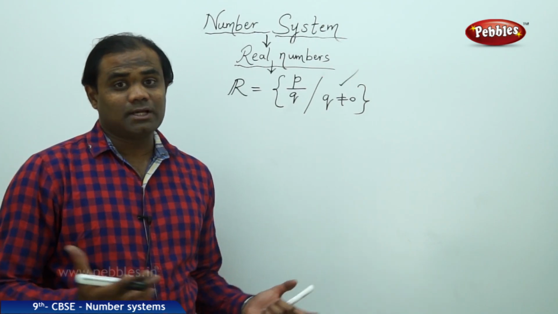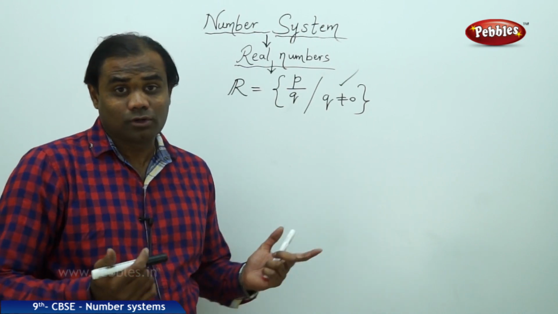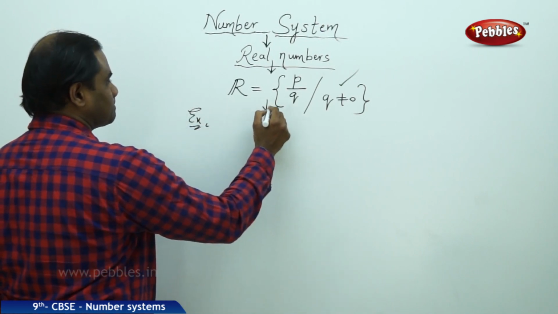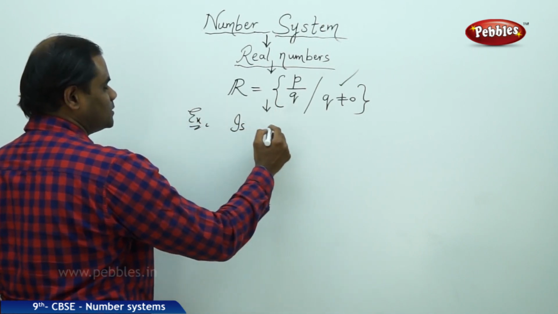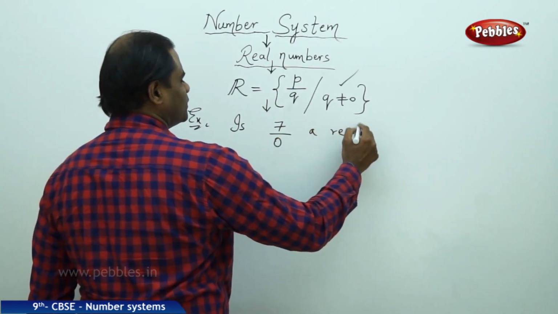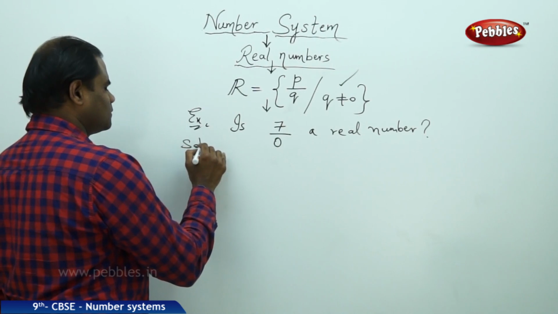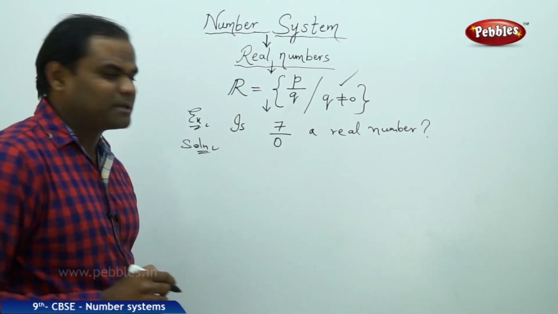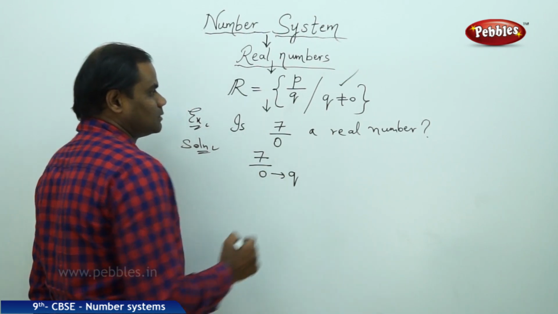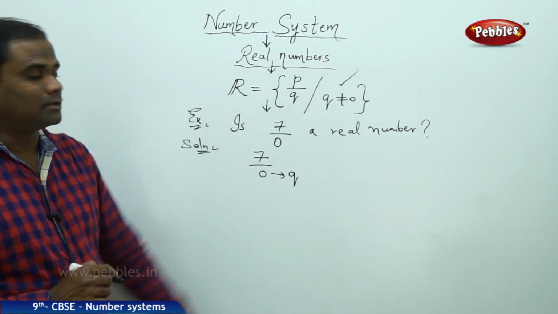Now let's take another example to see if the given number in the question is a real number or not. For example, I have the question, is 7 by 0 a real number? So let's pick the given number 7 over 0, as clearly I see that it is in the form P by Q, with Q being tested for the real number.